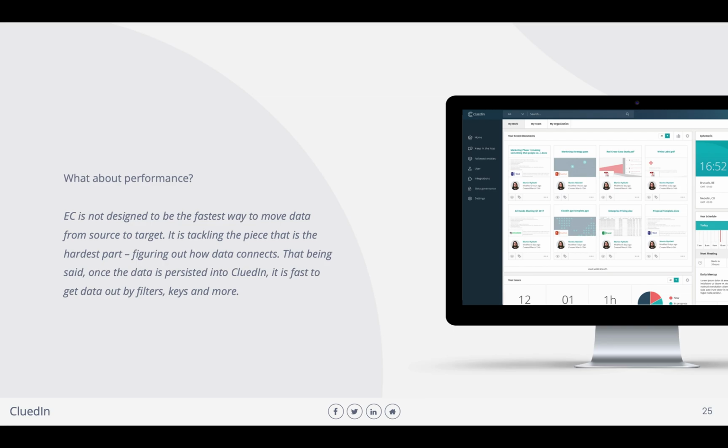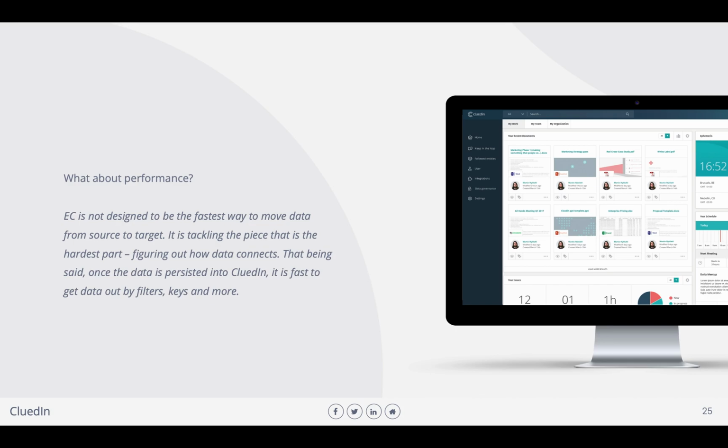We have to remember that eventual connectivity is not designed to be the fastest way to move data from one system to another. It's tackling a completely different part of the overall data integration pipeline, which, let's be honest, is the hardest part: figuring out how data connects.